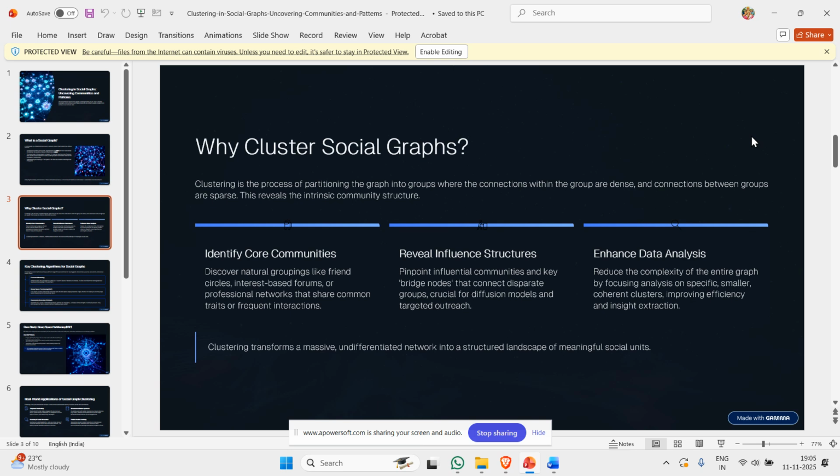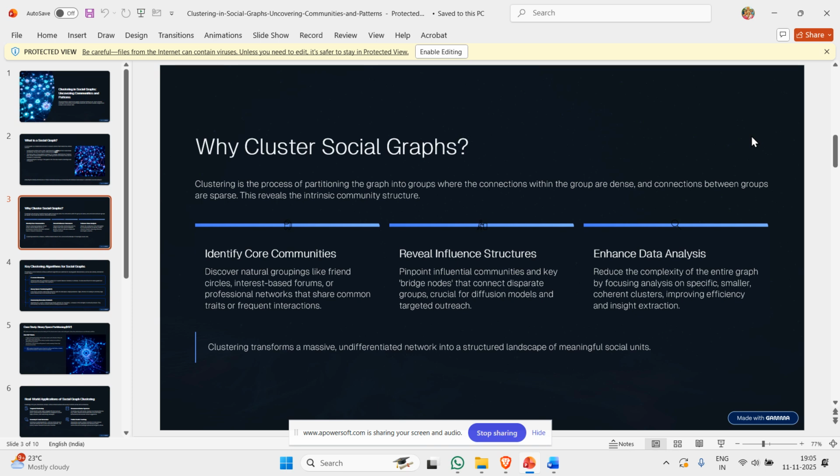Reveal influence structure. Pinpoint influential communities and key bridge nodes that connect disparate groups, crucial for diffusion models and targeted outreach. Enhance data analysis.